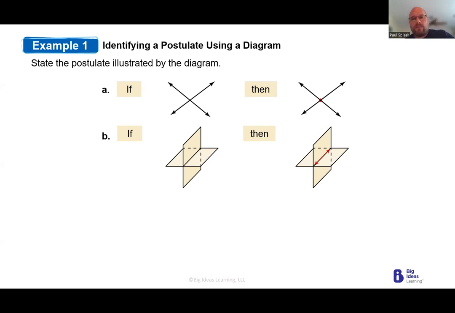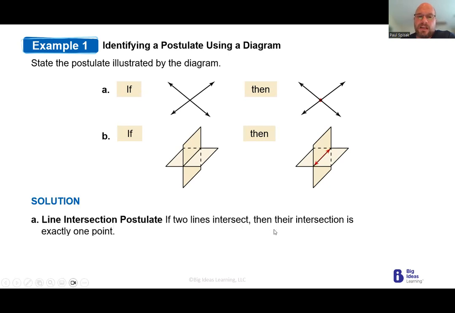On A, it says if, and it's showing 2 lines intersect, then, and it has a red dot on that point where they're intersecting. So if 2 lines intersect, then they intersect at a point. So that was our line intersection postulate. If 2 lines intersect, then their intersection is exactly 1 point.